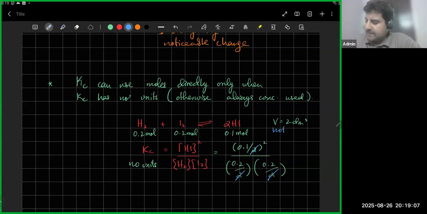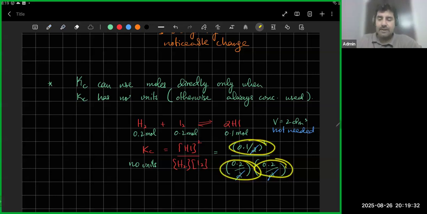So this is not really required, but this is only an exception. You can use moles for Kc only in this case: it doesn't have a unit, it's got an equal number of terms in the numerator and denominator, so dividing by the volume to get concentration would be a useless task, because all the 2's are going to get cancelled anyway.